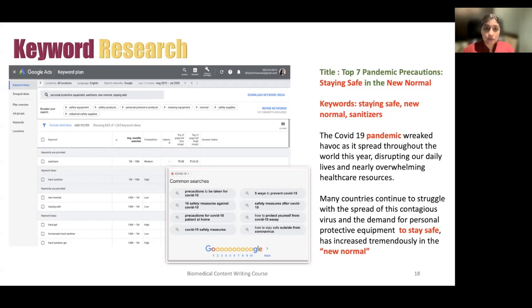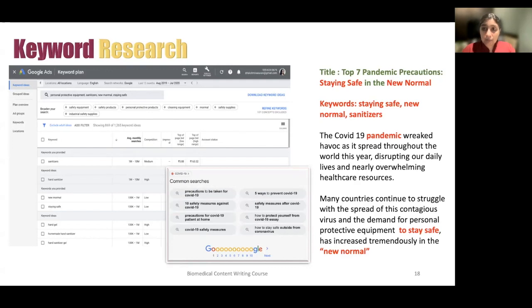Supposing a user is researching personal protective equipment during COVID. So if we are writing a blog on personal protective equipment, it makes sense to use the words personal protective equipment, sanitizers, new normal, staying safe, because these are things that people are right now searching for. This is the kind of content that they want to see.